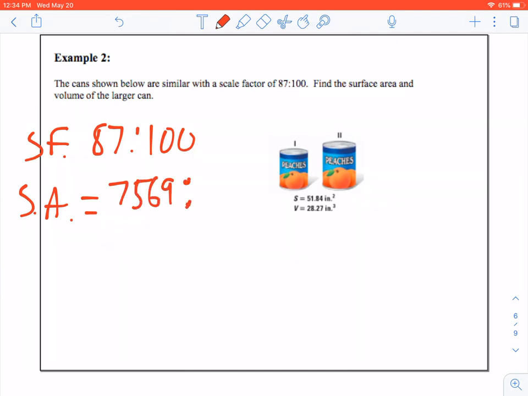Then I take my 100 and I square it. And I get 10,000. For the ratio of volume, I take my 87 and I cube it. I get 658,503. I take my 100 and I cube it.